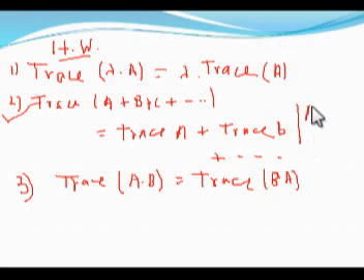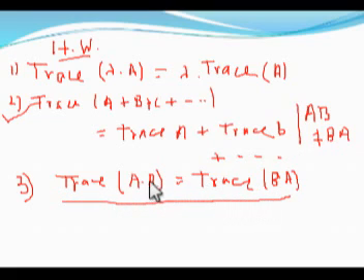So you cannot say AB equals BA. But the trace is such an operation where, though matrix multiplication is not commutative, the trace operation is commutative. So it is very important. You can very easily prove this.